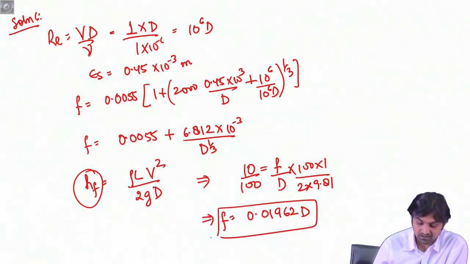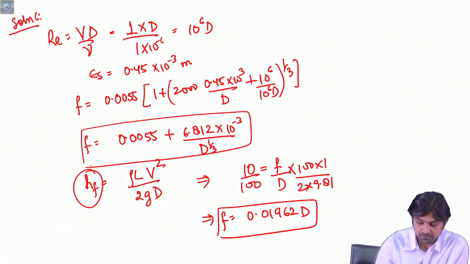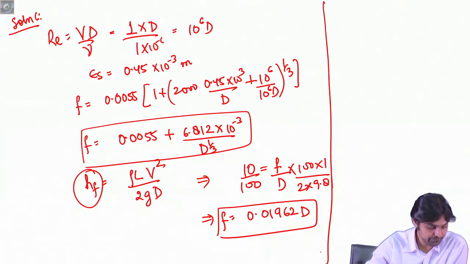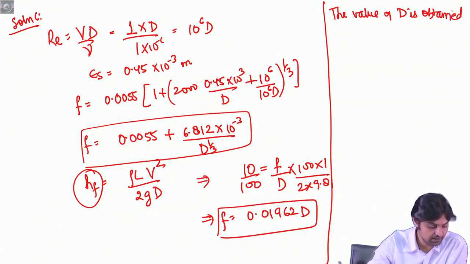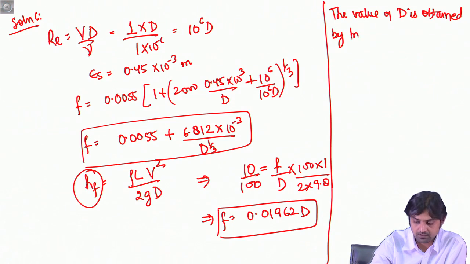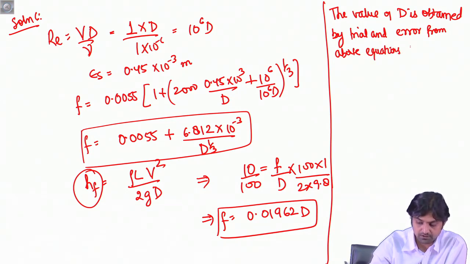All right. So we have two equations of f. The value of d is obtained by trial and error from the above equations of f.